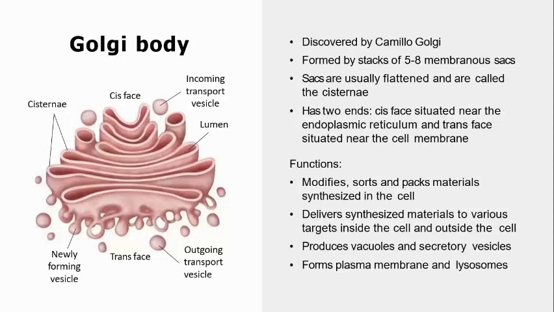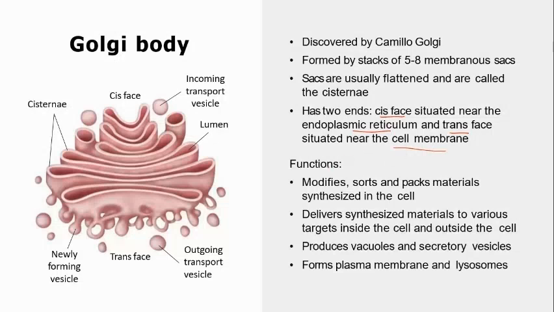For the Golgi body, discovered by Camillo Golgi, it is formed by a stack of 5 to 8 membranous sacs. The sacs are usually flattened and are called the cisternae. It has two ends: the cis face situated near the ER, or the endoplasmic reticulum, and the trans face situated near the cell membrane.